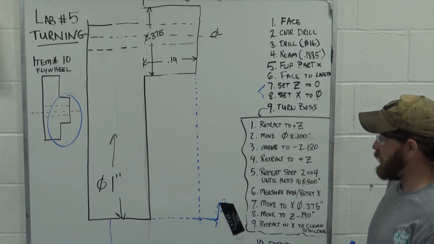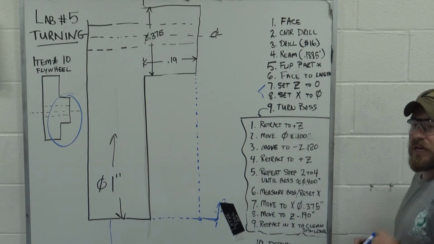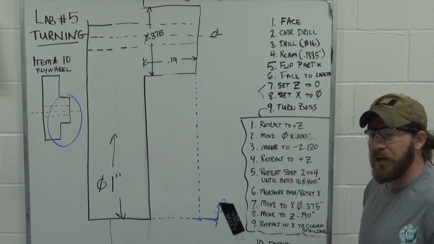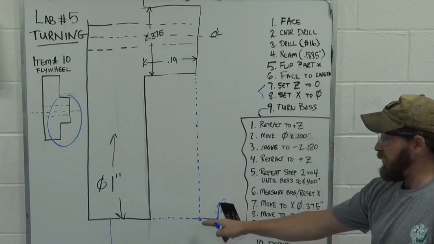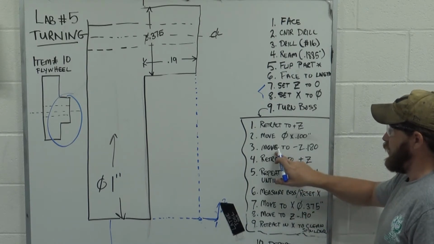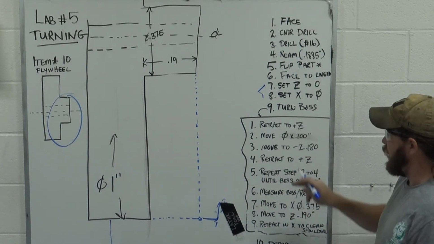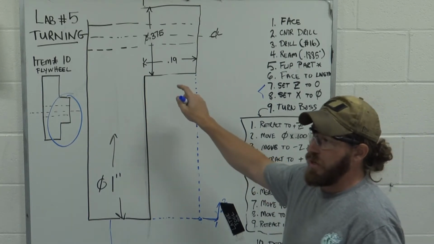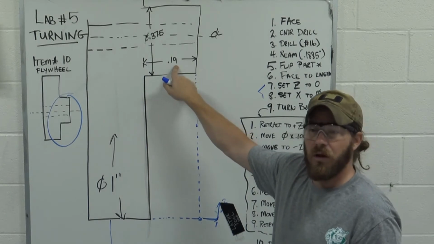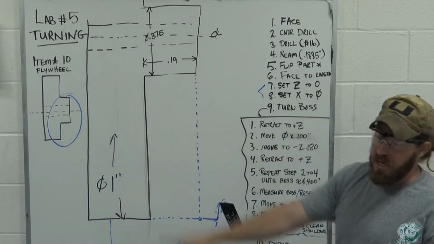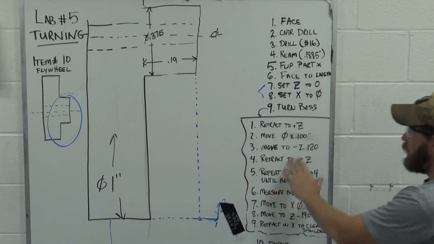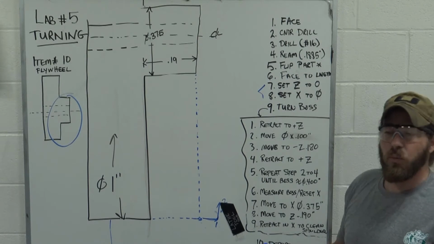So we're at 100 thousandths, and now our next step will be to move into the part and start making our first cut. So far we've just been out here in front of the part in the air. Now we're going to go into the part. We have to look at our drawing. Our drawing says the length of this boss is 0.19. This 0.19 tells us how far we have to enter the material. But I have written here that we only want to go in 180.